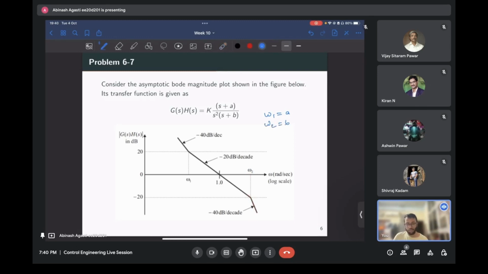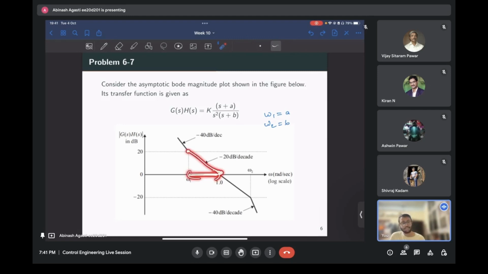But we want to find out these values from the data given in this curve. So see that at 1, we have a magnitude of 0 dB, and at omega 1 we have a magnitude of 20 dB. And in this interval we drop from 20 dB to 0 dB.